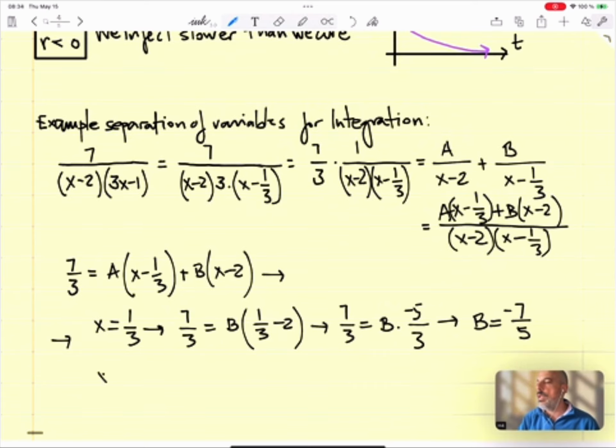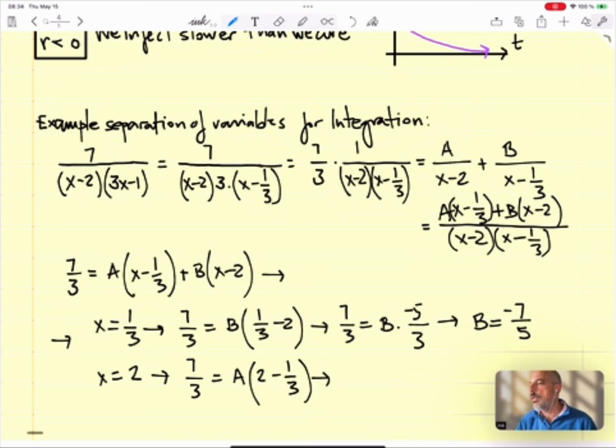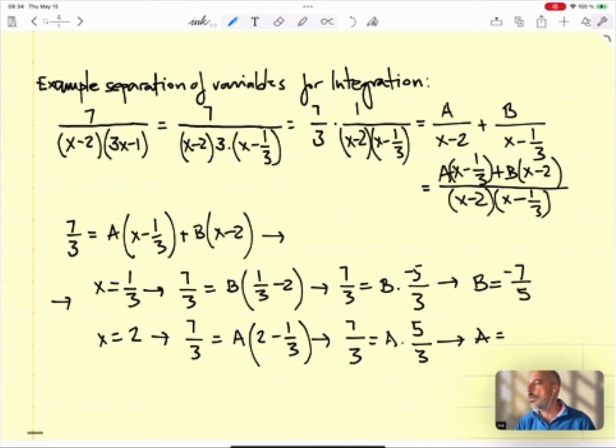And if x equals 2, 7/3 equals a times (2 minus 1/3). So 7/3 equals a times 5 divided by 3. So a equals 7 divided by 5.